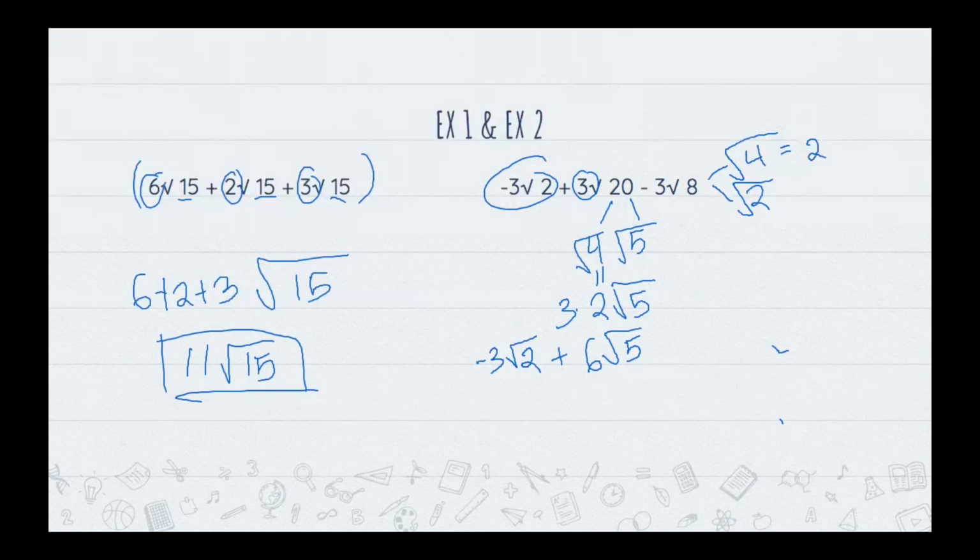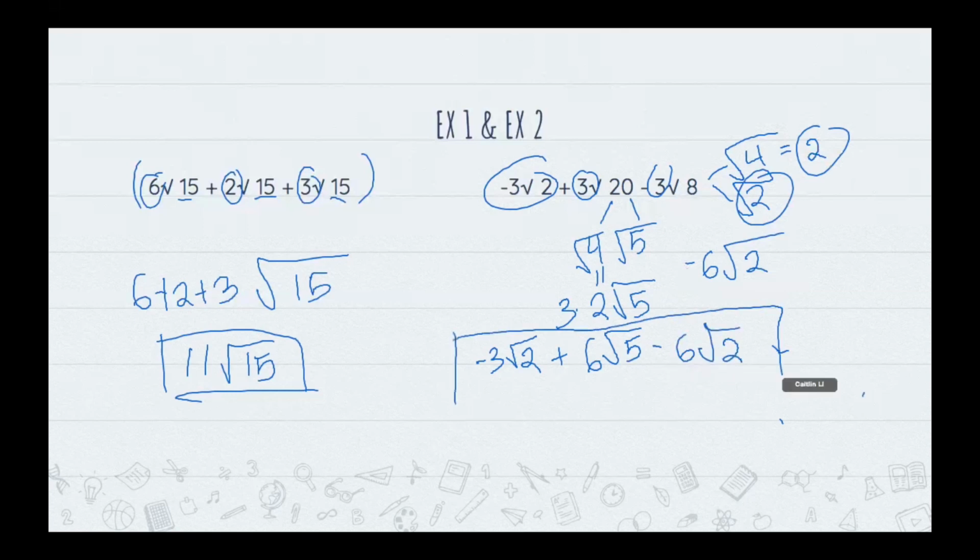Now it would be negative 3 times 2, which will give us negative 6. Because you can multiply these two and write down our radicand 2 into the equation with the rest. And this would be our final answer.